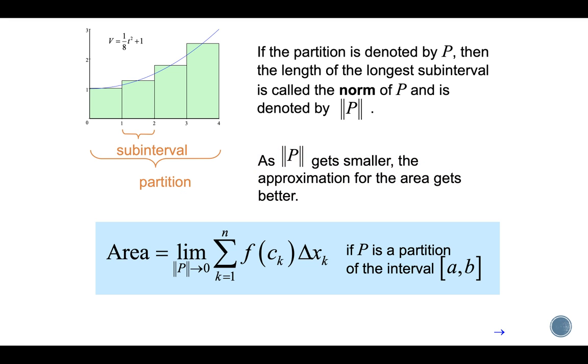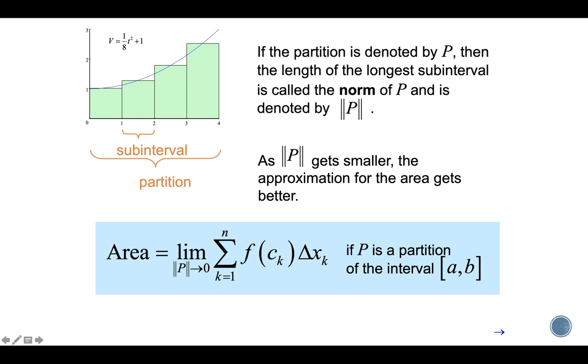All right. So the area under this curve is going to be the limit as the norm of P goes to 0, as k equals 1 to n, of the sum of f of c_k times delta x for whichever value we have.